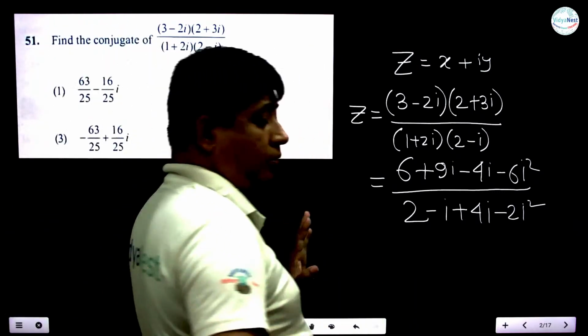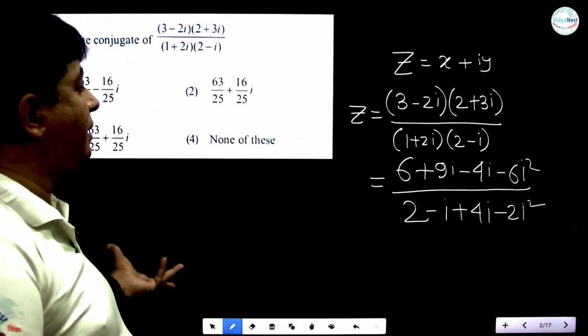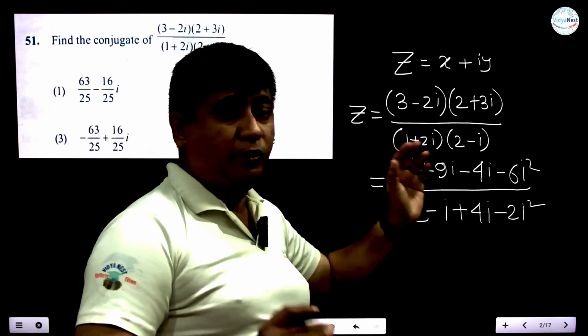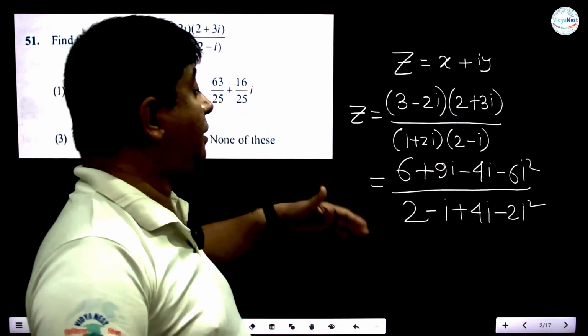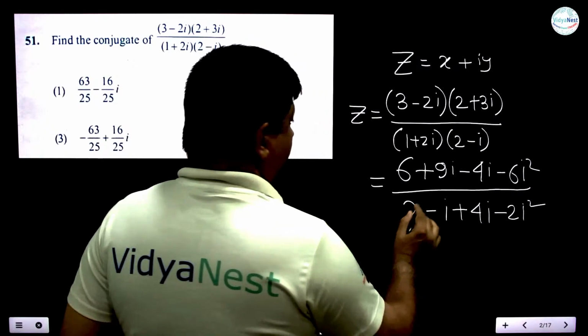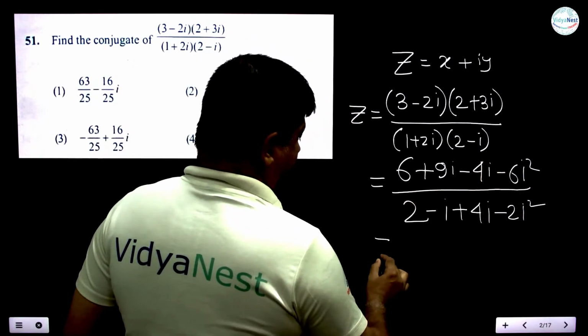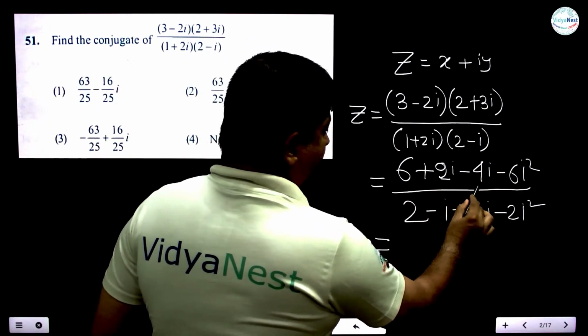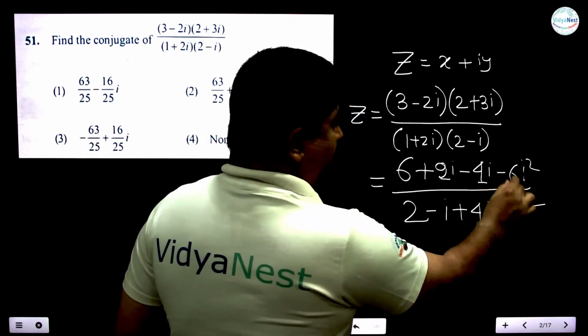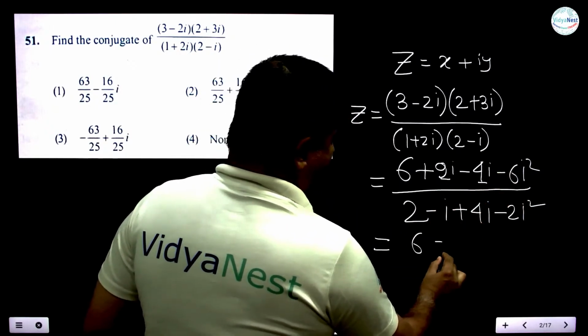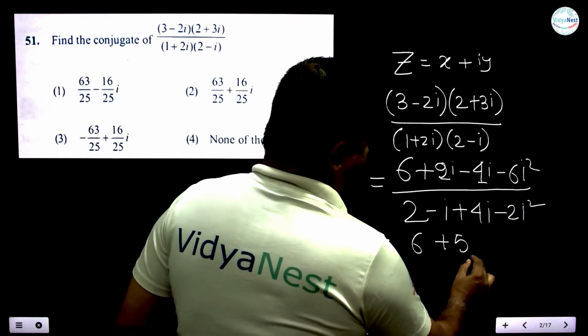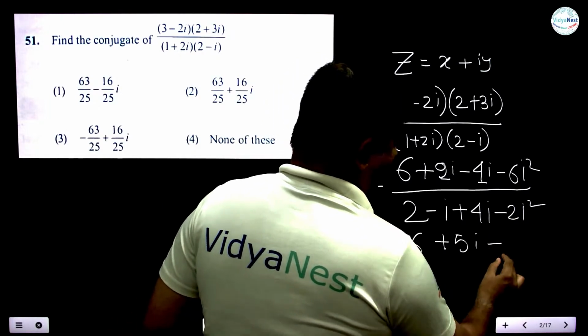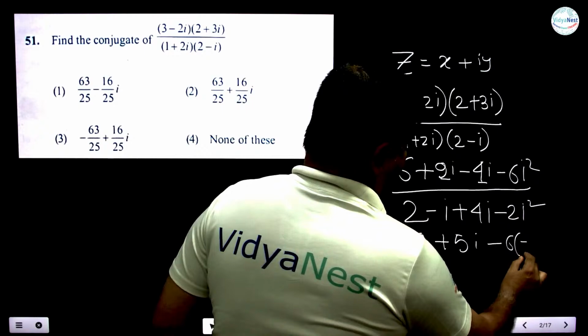Here, no twisting part is given. Nothing is there but to be careful in calculation. Instead of i square, 9i minus 4i is 5i, and instead of i square, I have to put minus 1. 6 plus 5i plus 6.